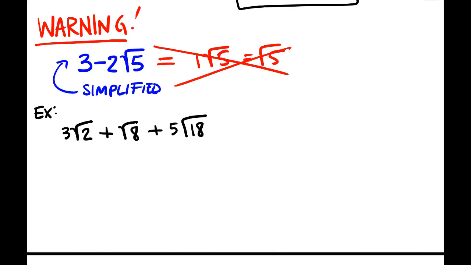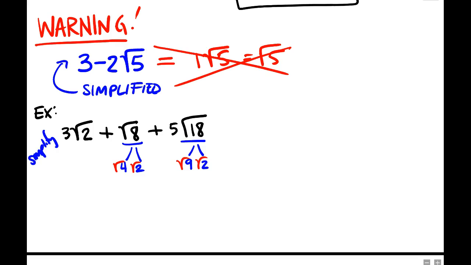But as we talked about, what we need to do as a first step is simplify. And by simplify, I mean these two can break down a little bit. 8 is 4 times 2, 18 is 9 times 2. If I see the perfect squares, I don't need to keep doing these little factor trees. I just know that I can break this into 2 square roots, right?